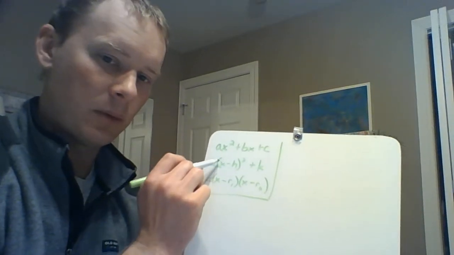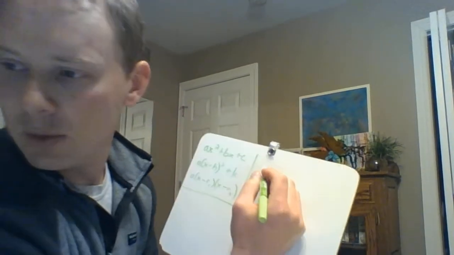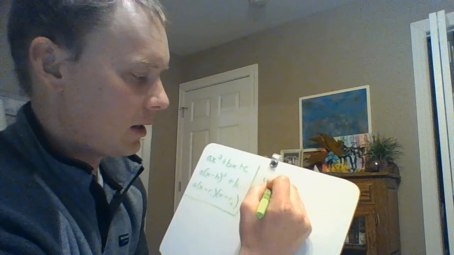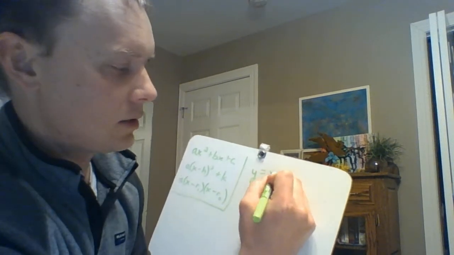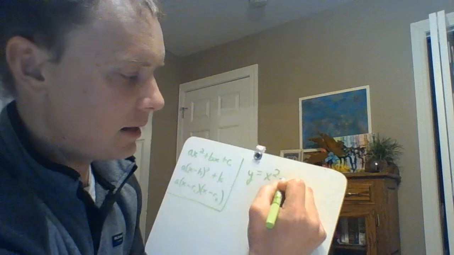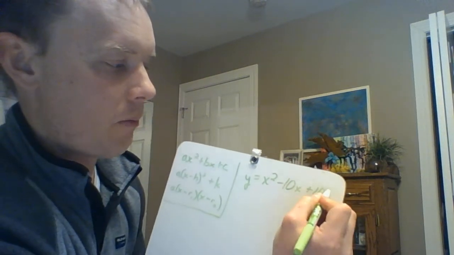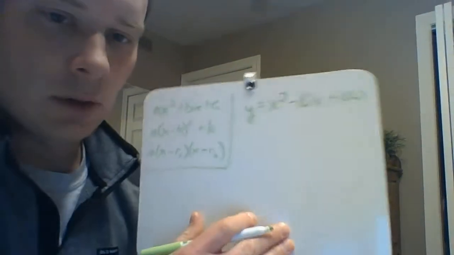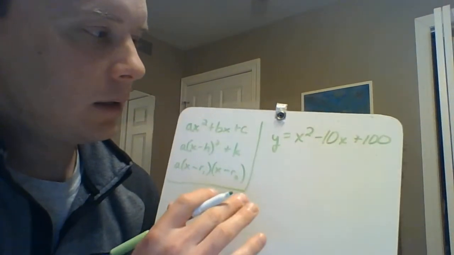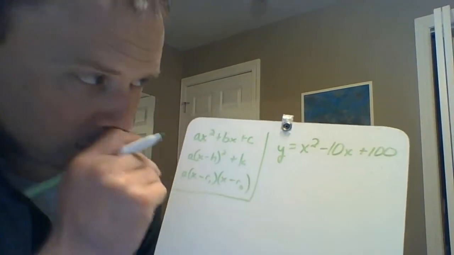One of the first things that I want to point out before I show you how to convert from this form to this form is if you had an equation like y equals x squared minus 10x plus 100. Clearly a quadratic equation in standard form.